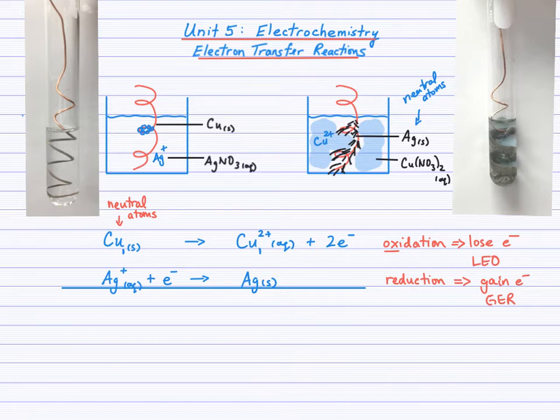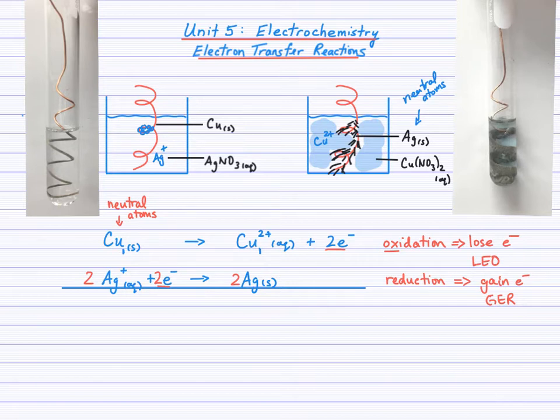So we've written 2 half reactions here. Now, let's make sure that the total electrons lost and gained are equal so that we can come up with a balanced equation for the overall reaction. As we look here, there are 2 electrons lost and only 1 electron gained on this side, so I'll need to multiply the second equation by 2, in order to have 1 copper atom losing 2 electrons and 2 silver ions picking up those 2 electrons to form the 2 silver atoms.